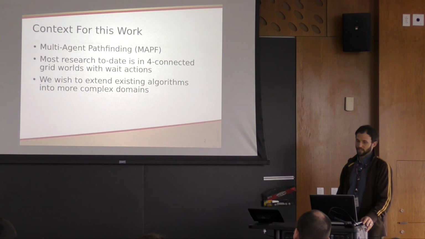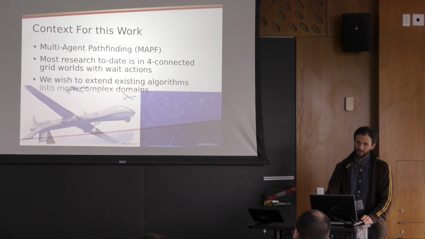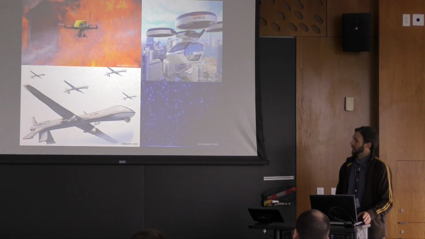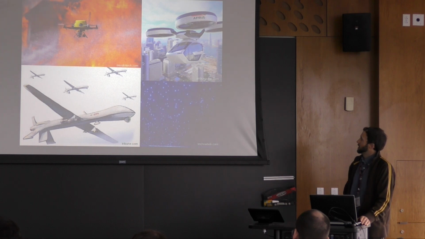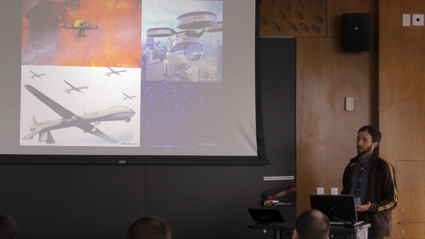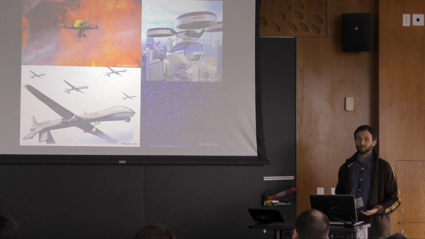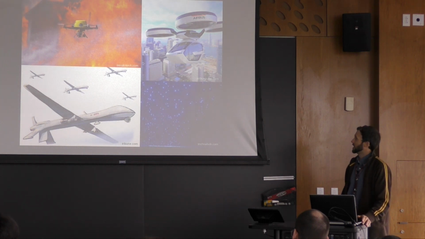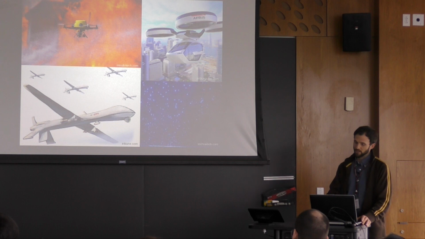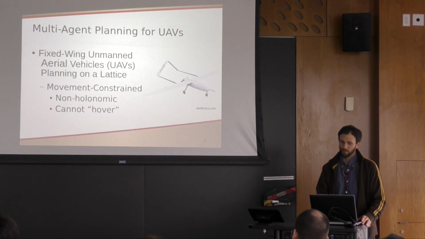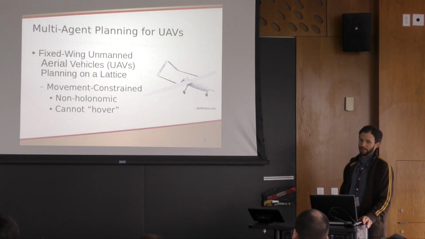And I'm interested in extending existing algorithms to work with more complex domains. For our research, we're looking at drones because, first of all, there are a lot of different applications for fleets of drones. And secondly, it represents a challenging domain that we want to tackle.